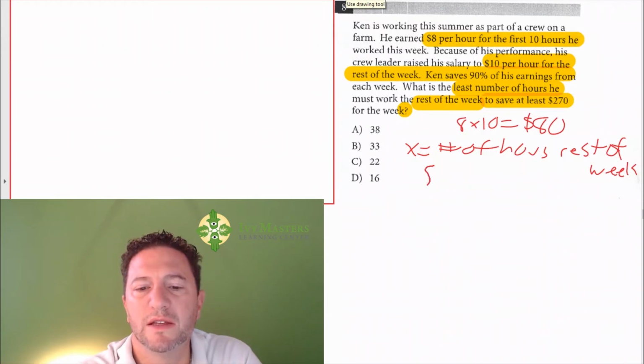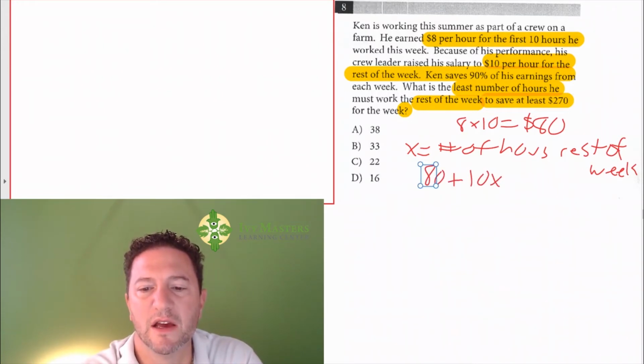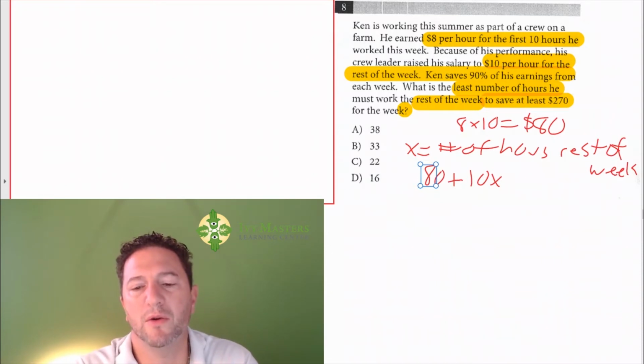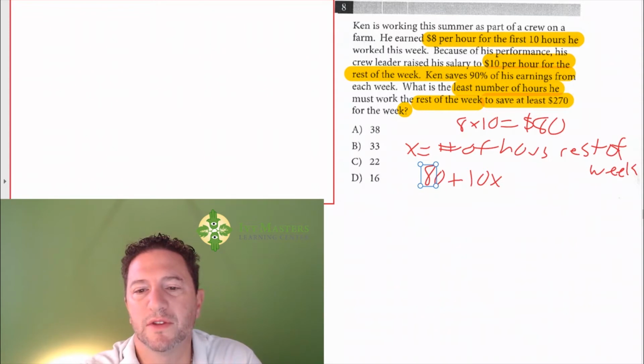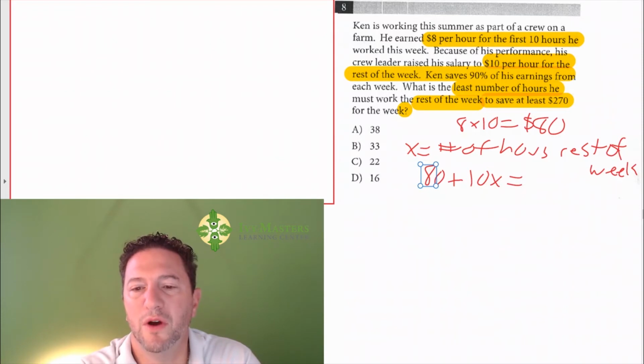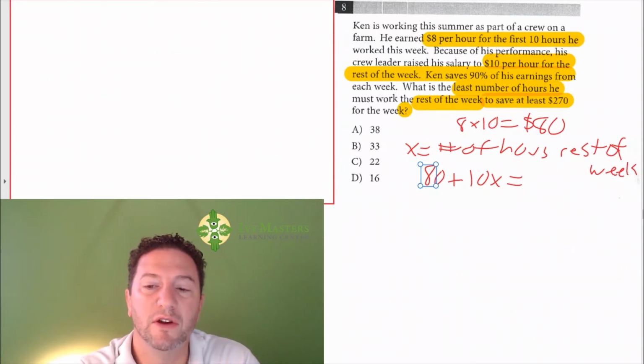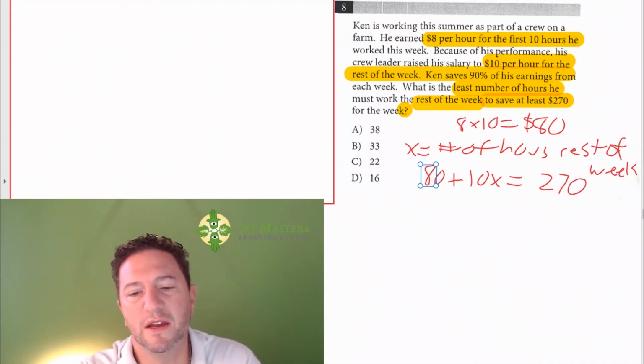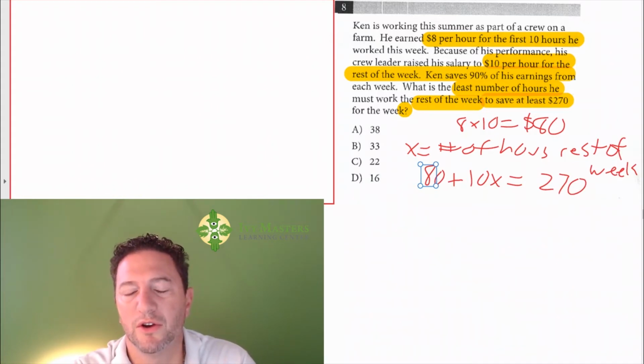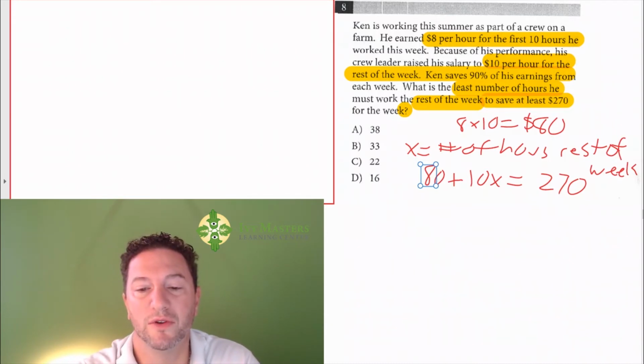So what we've got is 80 plus 10x, because he's going to get $10 per hour for each of those hours worked. Then he saves 90% of his earnings, and we need the least number of hours he could work to earn that $270. Now here comes a bit of a tricky part, which is, do you take 90% of the left, or do you take 90% of the right in order to get that $270?